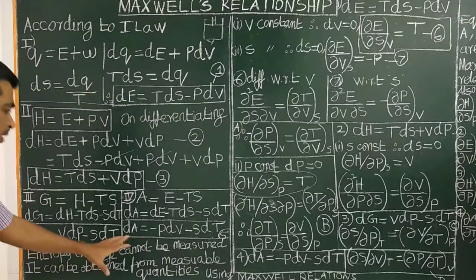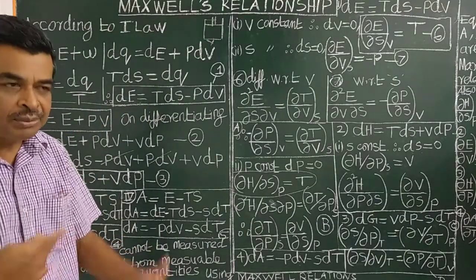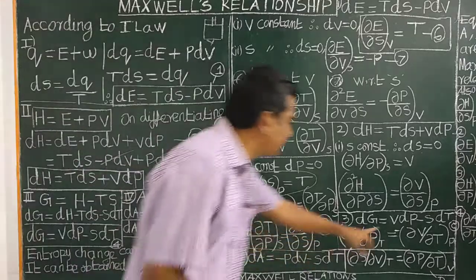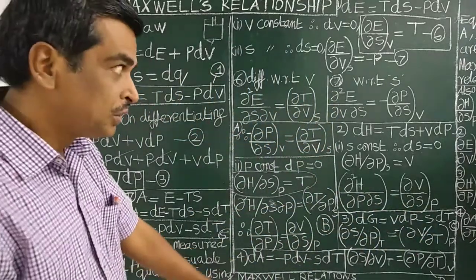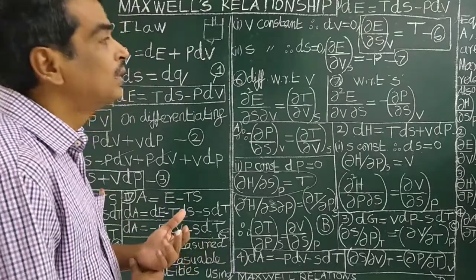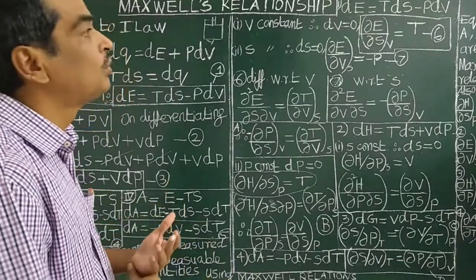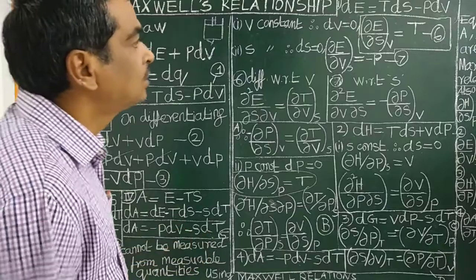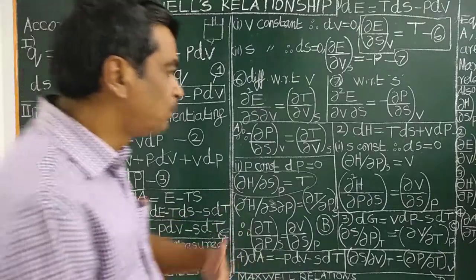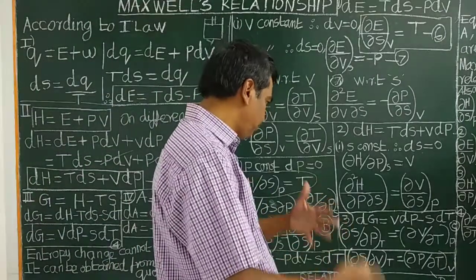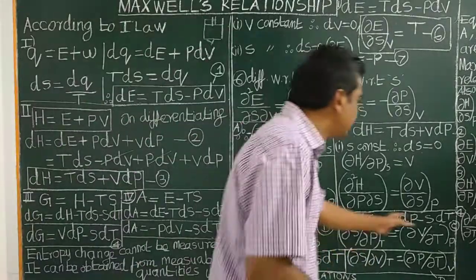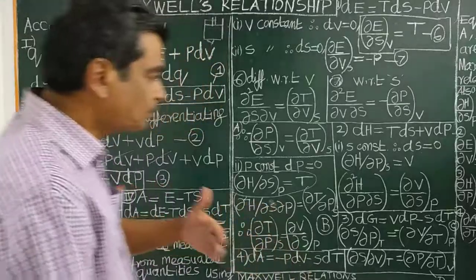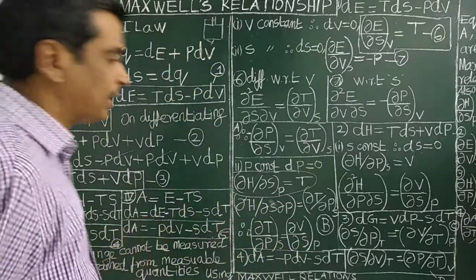So entropy change cannot be measured, but it can be calculated from measurable quantities using Maxwell relationships. That is the important usefulness of Maxwell relations: if you know the change in one thermodynamic property, you can calculate the change in another thermodynamic property.